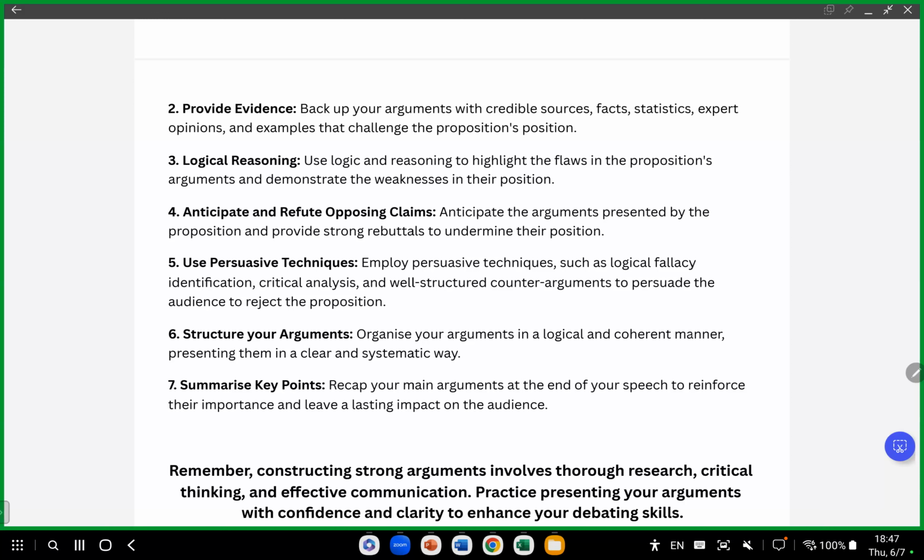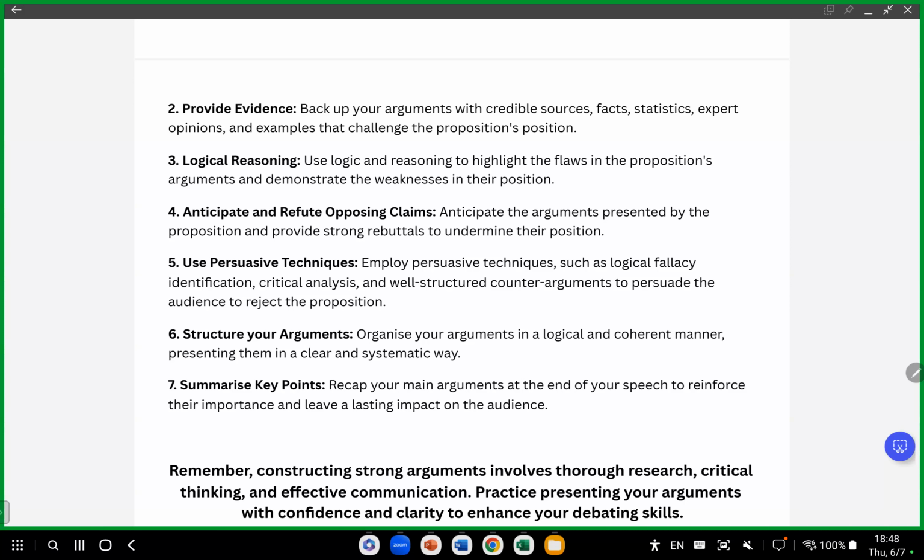You need to use persuasive techniques, and the persuasive techniques that you will use will be things like logical fallacy identification. And that means that you're going to be looking for things that people think are true, but are actually not. You're going to use critical analysis, which is to look over the proposition's arguments and try and pull them apart, basically.